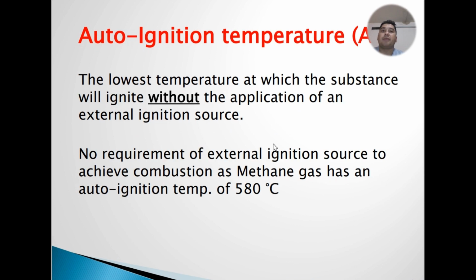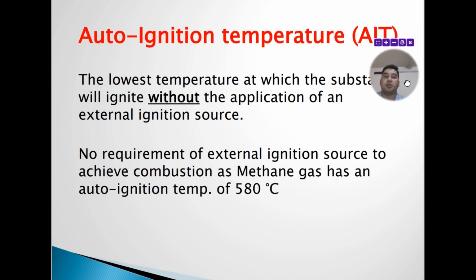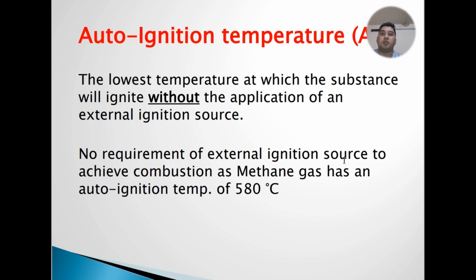Clear? After that we have the auto ignition temperature: the lowest temperature at which a substance will ignite without the application of an external ignition source. So whenever any solvent reaches that temperature, it will start to ignite automatically. That we call the auto ignition temperature.